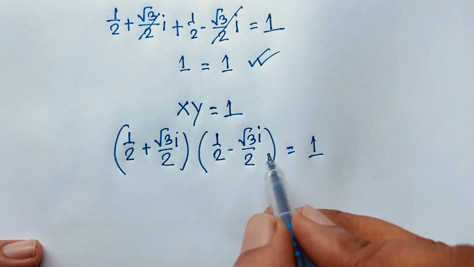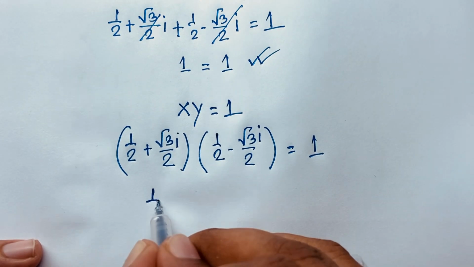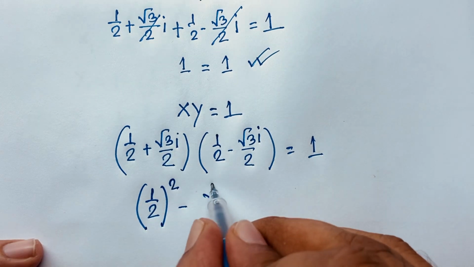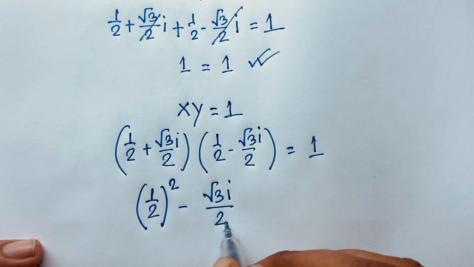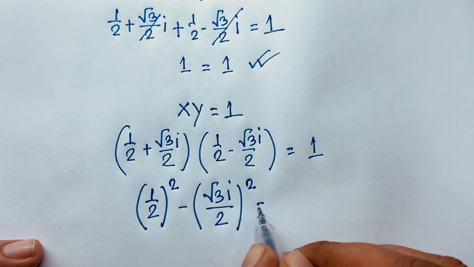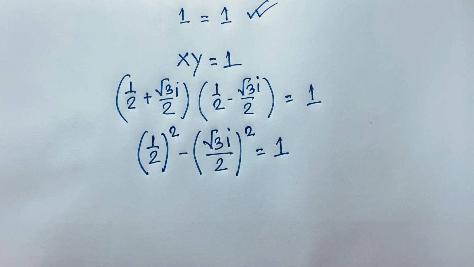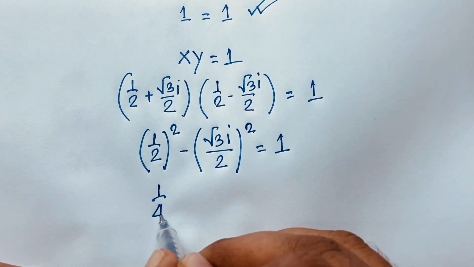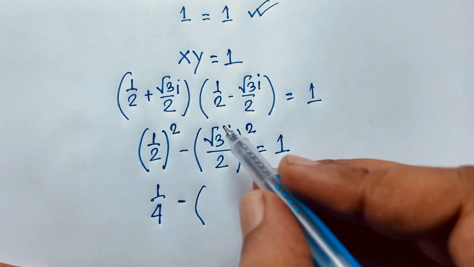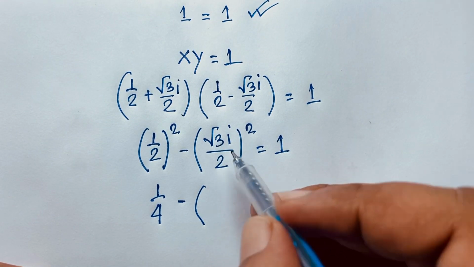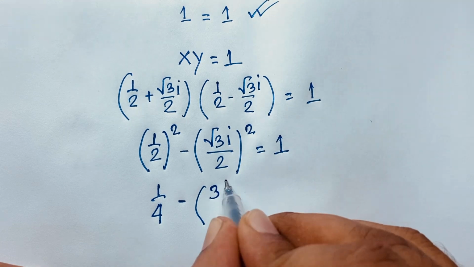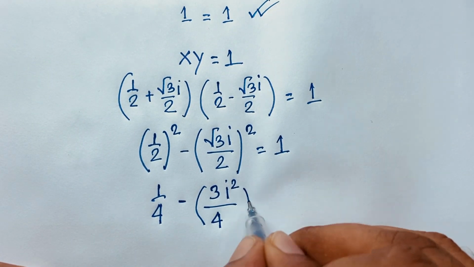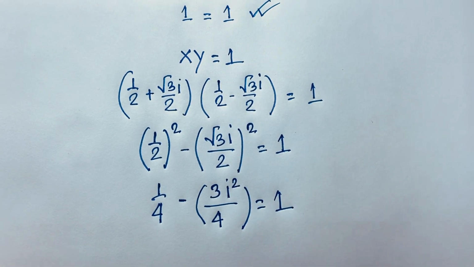So if I apply this formula here, it will be 1 over 2 whole to the power 2 minus b square, I mean b, it will be square root 3 i over 2 whole to the power 2, is equal to 1. Now at this moment you can see 1 over 2 whole to the power 2 will be 1 over 4, and here is negative, and square root 3 square is cancelled, we will find it will be i to the power 2 over 4, and here 1.